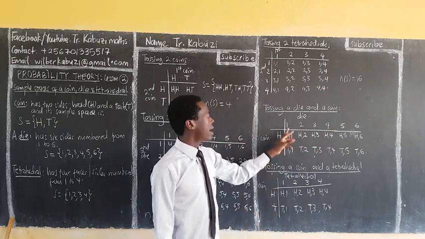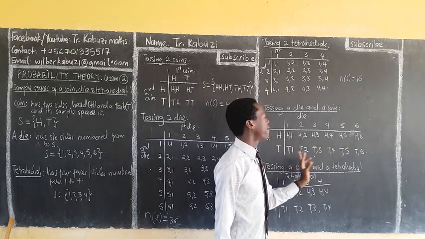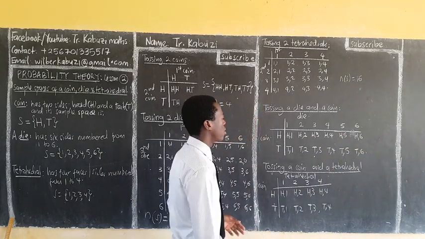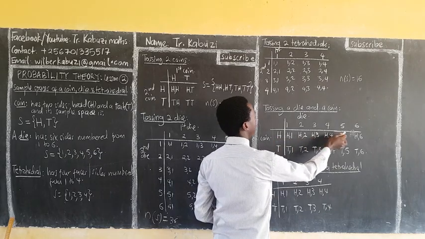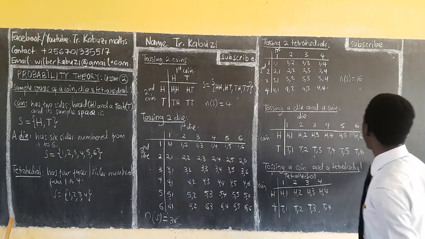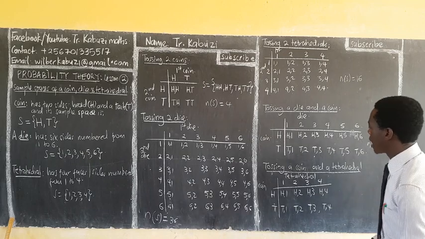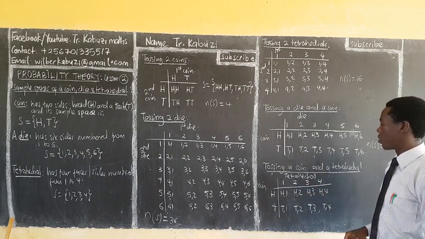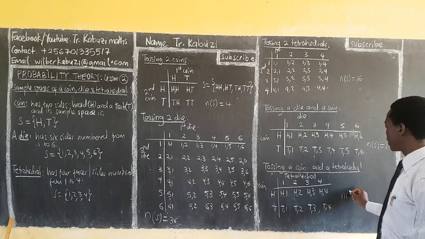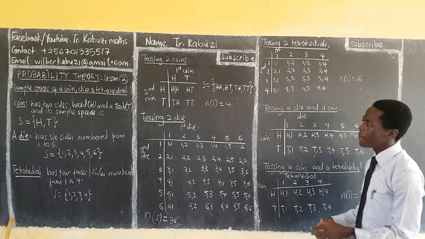Or a tail with 1, tail and 2, tail and 3, 4, 5, tail and 6. You count 1 to 12, so our sample space is 12. What about the tetrahedron and the coin? The same idea: head with each number, tail with each number. When you count, you get 8.